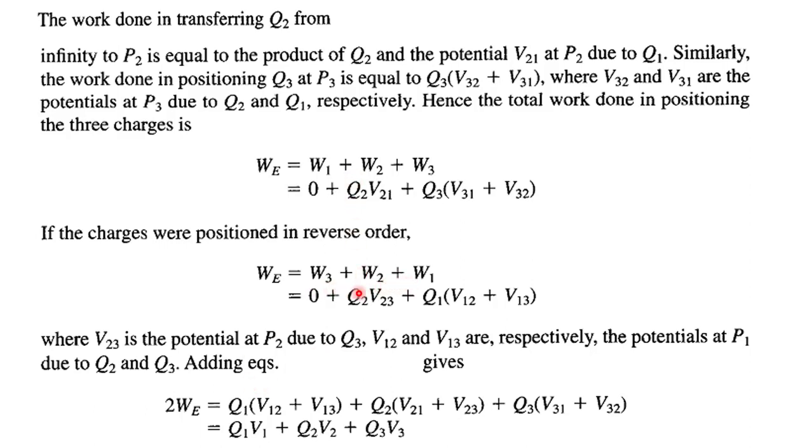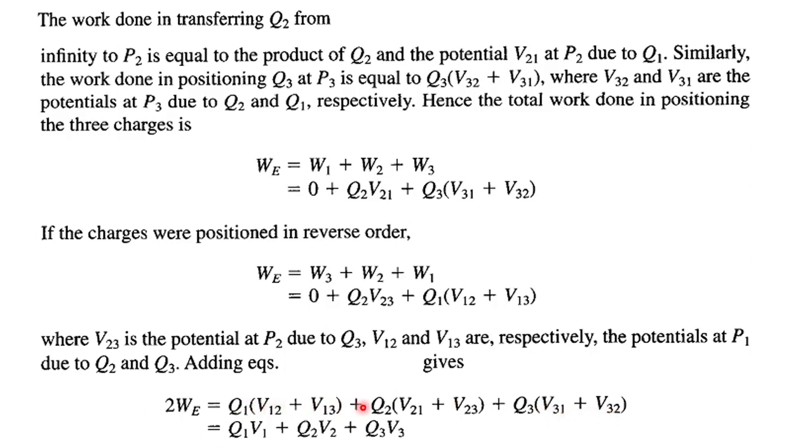Now add these two work done so that we will get this equation, that is twice W, means twice the total work done, it is equal to Q1 in bracket V12 plus V13 plus Q2 in bracket V21 plus V23 plus Q3 in bracket V31 plus V32.